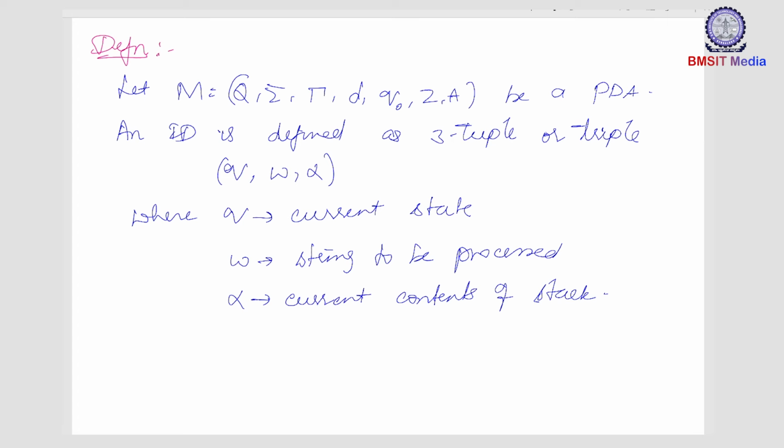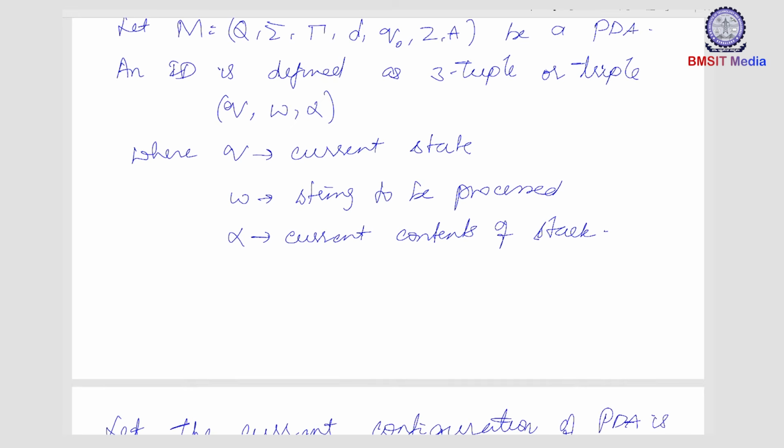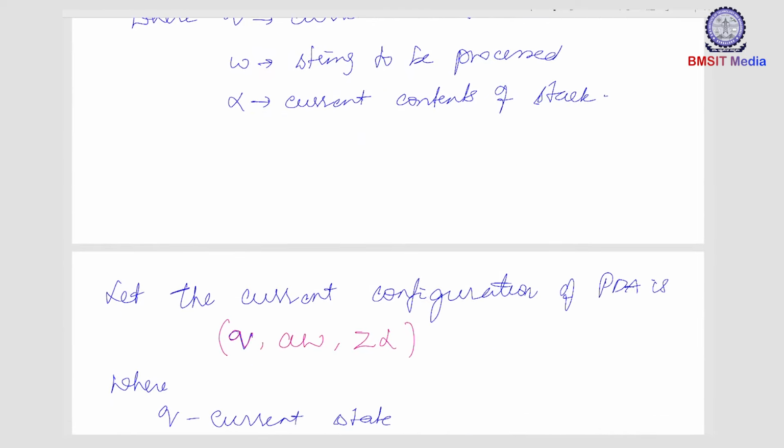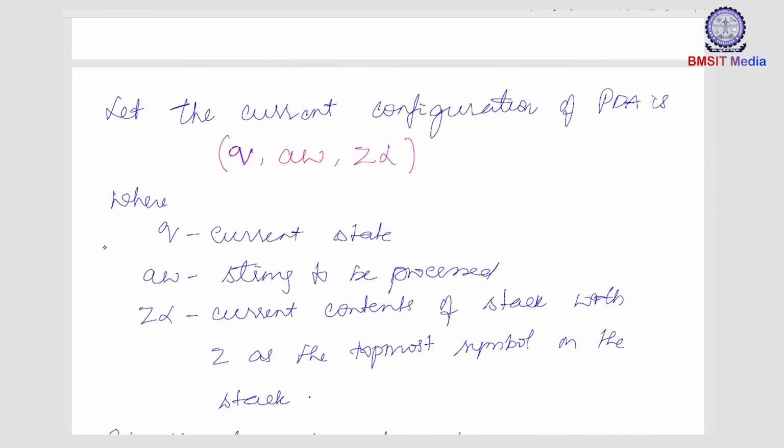An ID is defined as a triple (q, w, alpha), where q is the current state, w is the string to be processed, and alpha is the current contents of the stack.